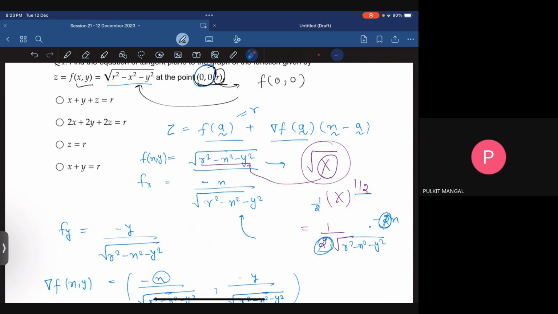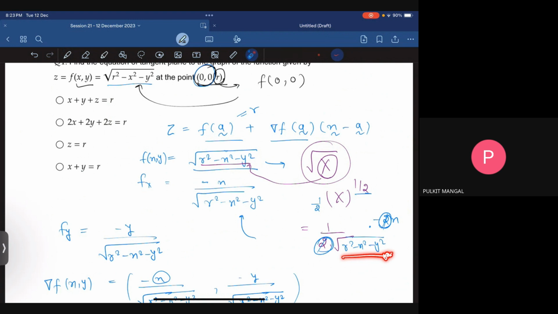The negative power goes in the denominator, and then I put back the value of X, that is r square minus x square minus y square. So I have found the derivative of the outside function.